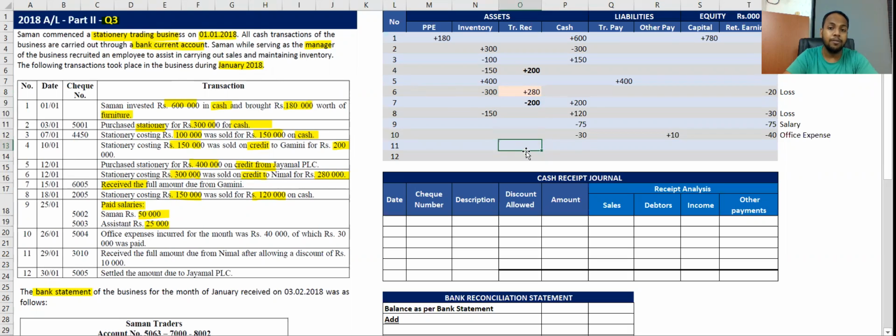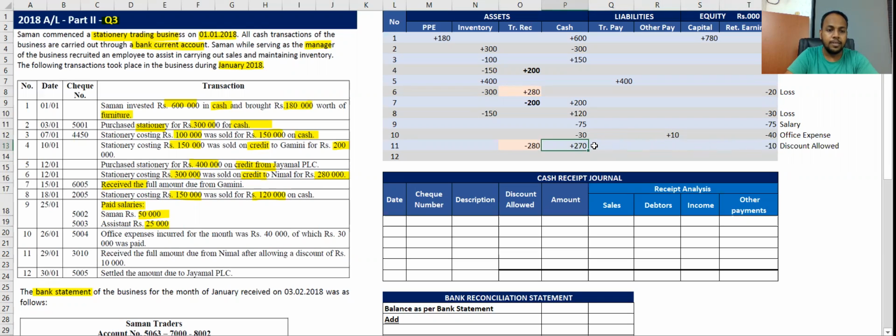Discount allowed is an expense. So trade receivable will reduce by 280, and we will get cash only 270 because we are giving a 10,000 discount. It is an expense, discount allowed.